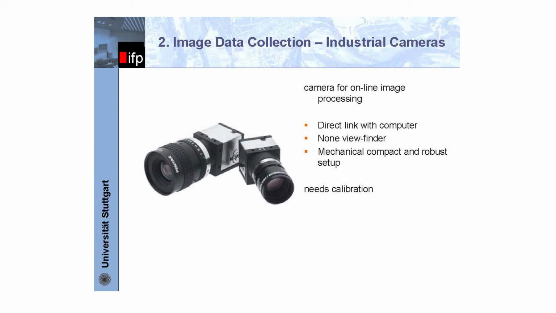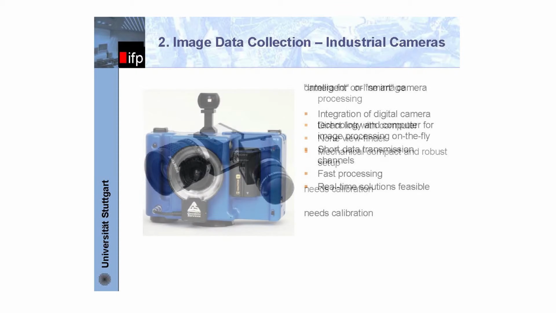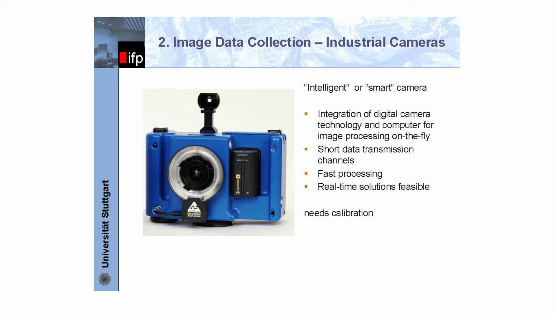There is normally no viewfinder, and this is a very robust system. Also, this needs calibration. We can also use smart cameras, where there is software embedded in the camera itself, and we can also pre-calibrate the camera system, and we can do a lot of image processing on this camera system, and this camera also allows for real-time solutions.